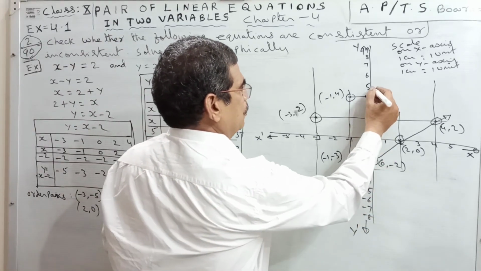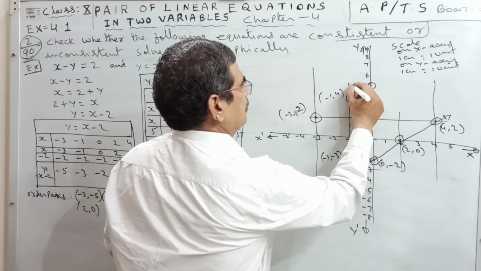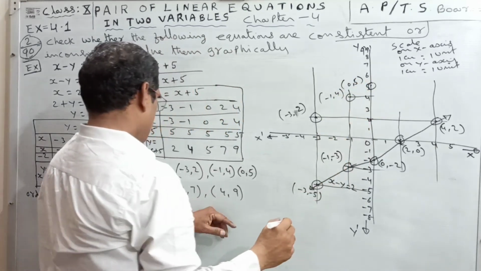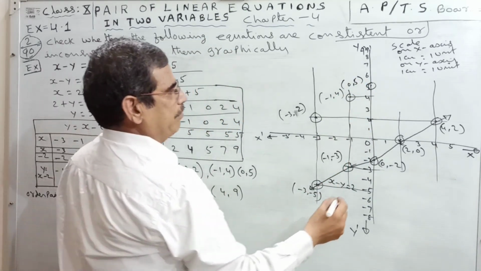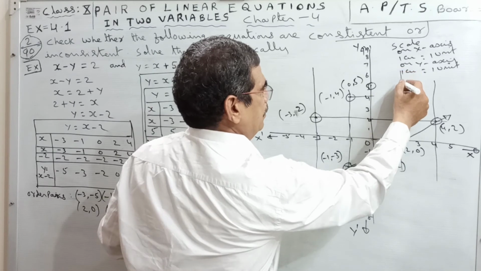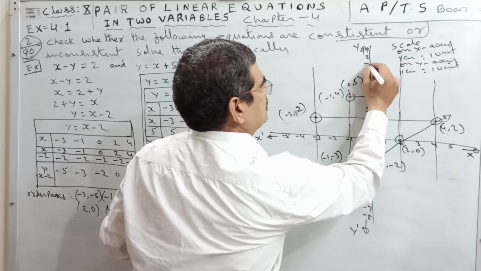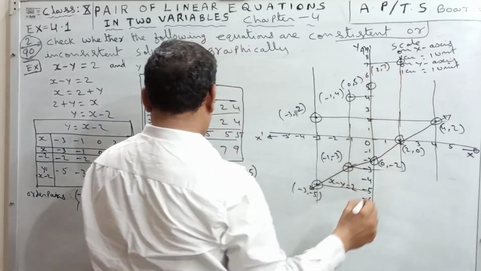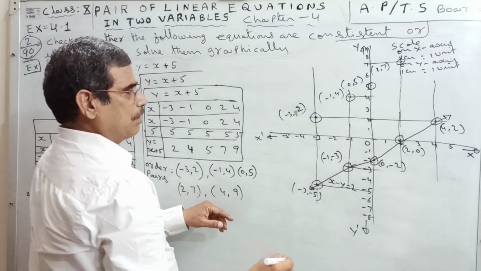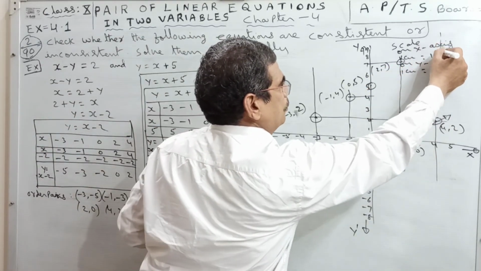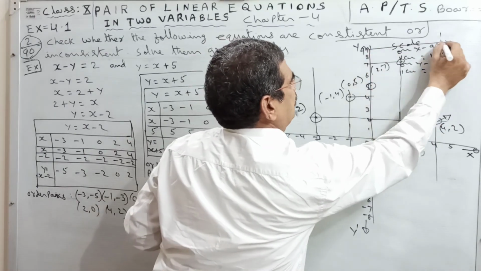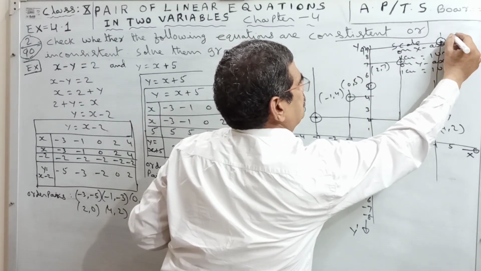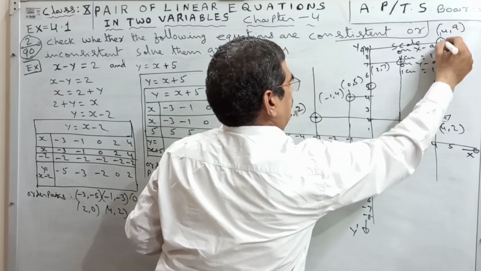This is 0, 5 is this one. Fourth one 2 comma 7. This is the 2 line, this is 7. So this is 2 comma 7. And last point 4 comma 9. This is 4, 9 is this one. This is 4 comma 9.